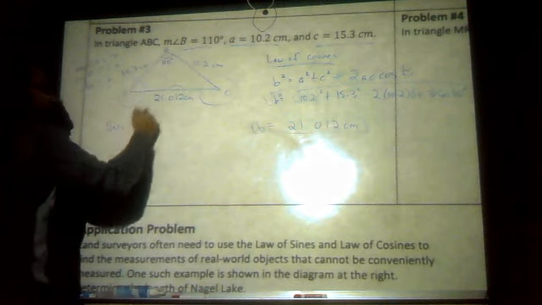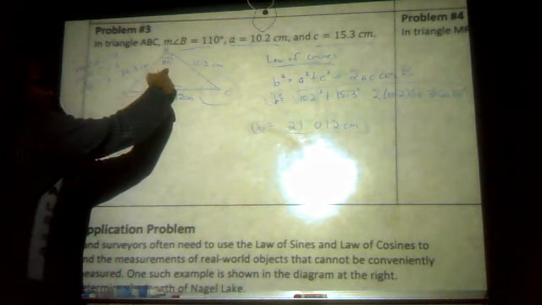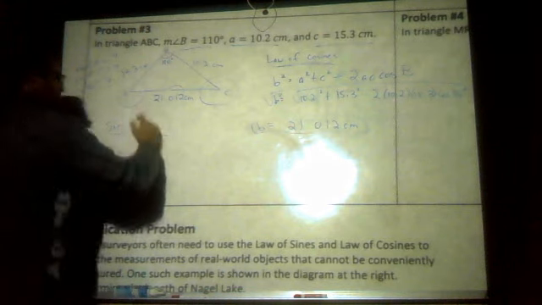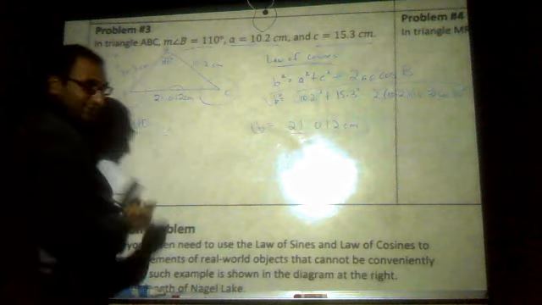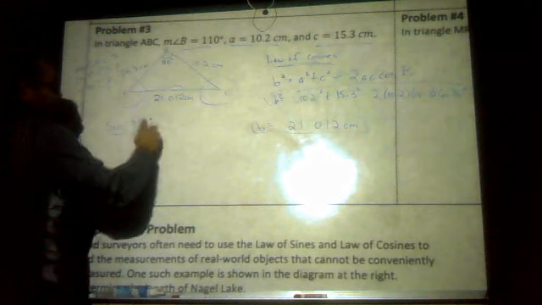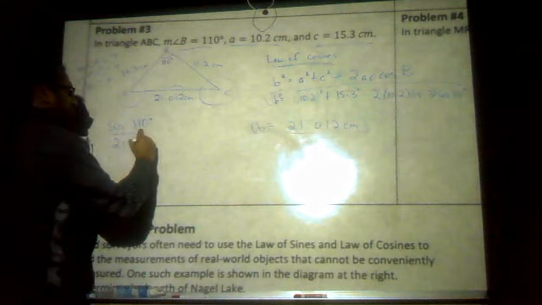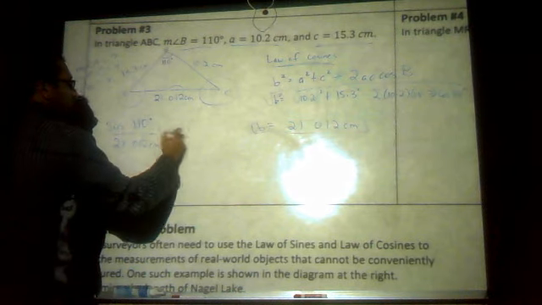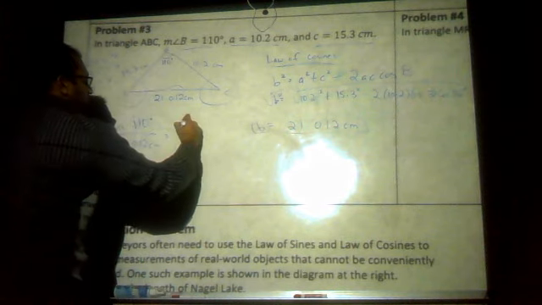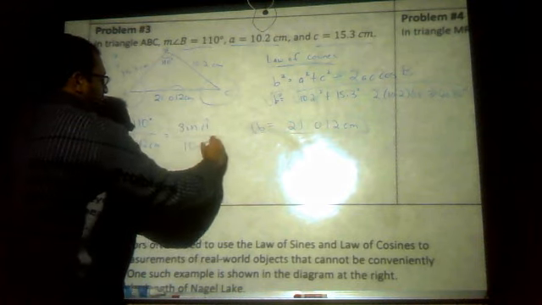So let's just say that the sine of angle B, 21.012 centimeters, divided by side, or no, hold on, that's the side. Made a mistake. Not perfect. That was to check to see if you're still listening. Alright, so the sine of 110 degrees, because that's the sine of angle B, divided by side B, which is 21.012 centimeters, has to equal, let's say we're solving for angle A, the sine of angle A divided by side A, 10.2 centimeters.